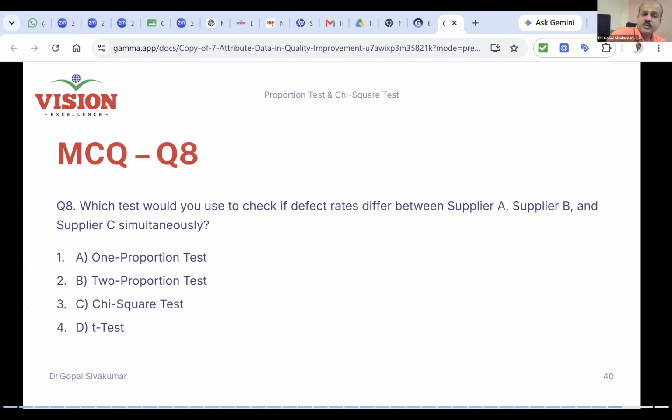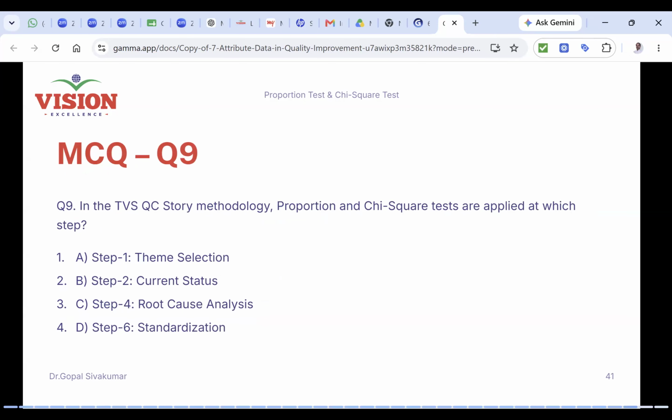Question 8. Which test would you use to check if defect rates differ between supplier A, supplier B, and supplier C simultaneously? Chi-square test. Nice question. Chi-square test. Proportion and chi-square tests are applied at which phase? Root cause analysis.